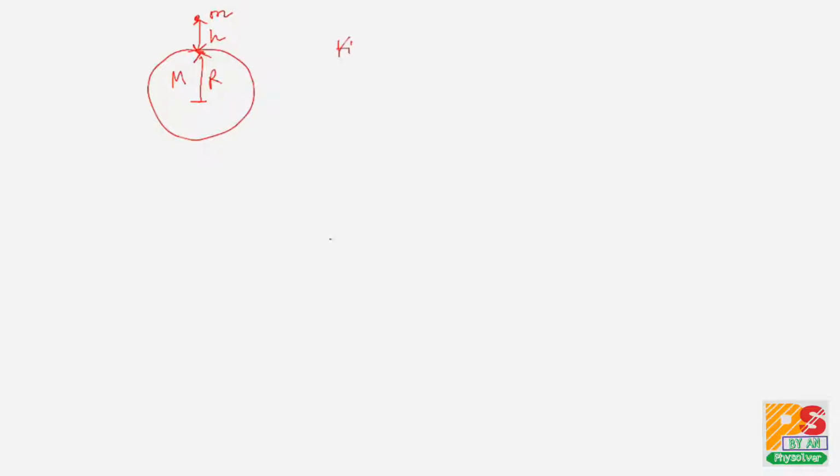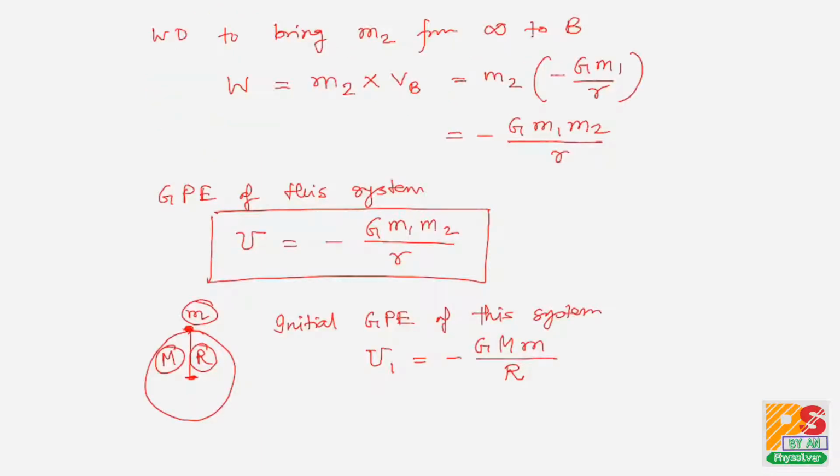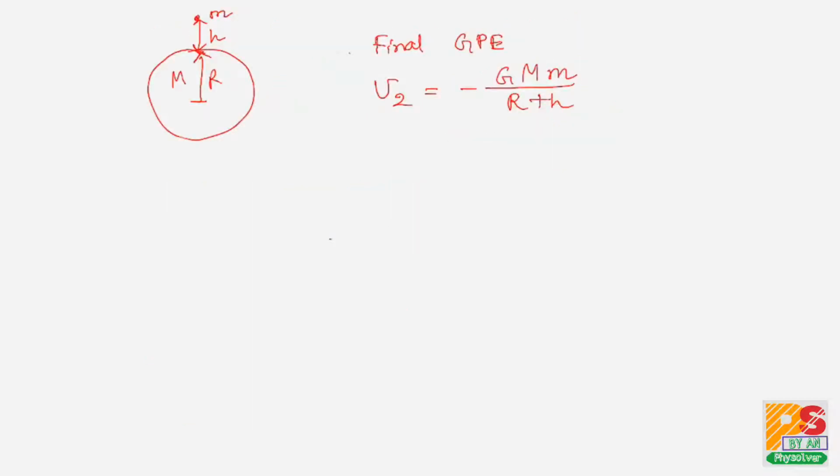Therefore I can say the final GPE, U2, is minus capital G capital M small m divided by R plus h. I hope you understand. So the initial potential energy is minus GMm divided by R, and the final potential energy is this. And according to the question, this h is nothing but the radius of the earth. So putting that value, it is minus GMm divided by 2R. Now this is the final GPE of the system.